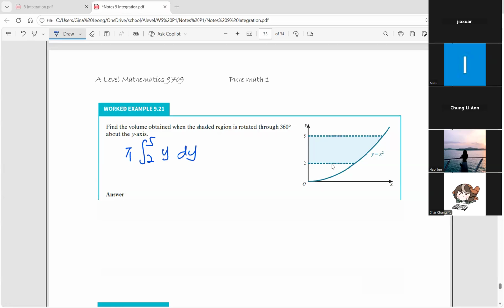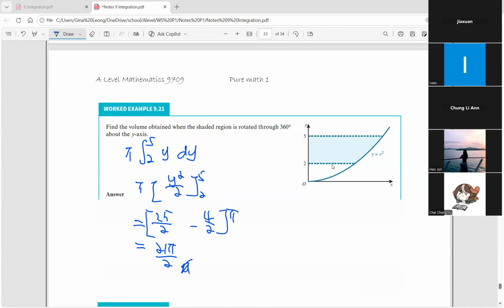So straight away, pi, then y square over 2, from 5 to 2. Then I replace it in. I will get 25 over 2 minus 5 over 2, times pi. Then I get 21 pi over 2. Okay, this is unit cube.